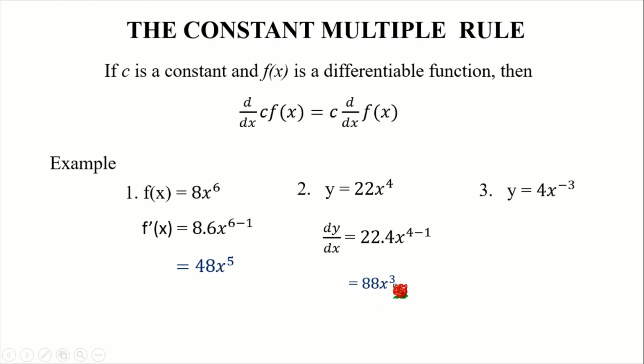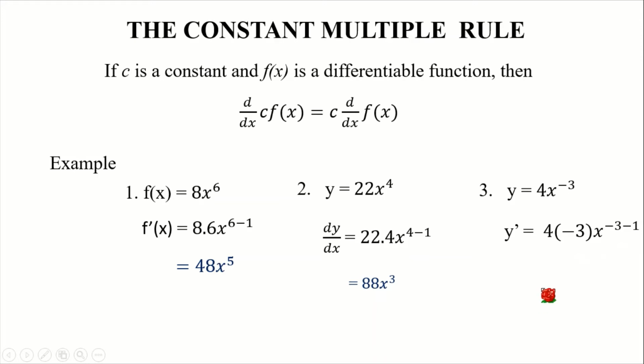Right? So another example for constant multiple rule, we have y is equal to 4x raised to the negative 3 power. So bring down natin yung power or exponent. So we have 4 times negative 3. So this is from the exponent. Okay, then subtract natin si negative 3 ng 1.